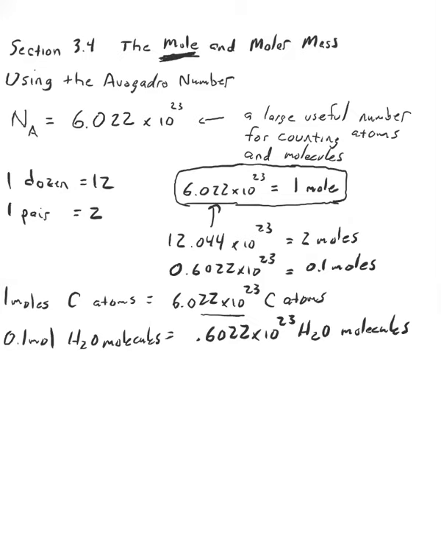So let's take a look at a problem here. All right, so using Avogadro's number, now this particular problem is a little tricky. We got about 10 minutes, so this is about right. So it says an oxygen atom has a mass of 2.66 times 10 to the minus 23rd grams.